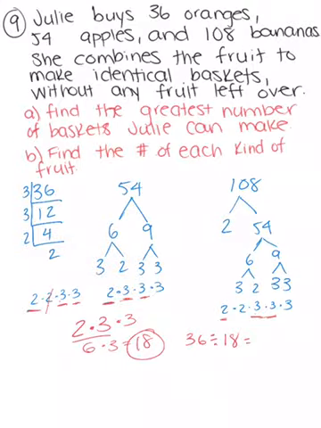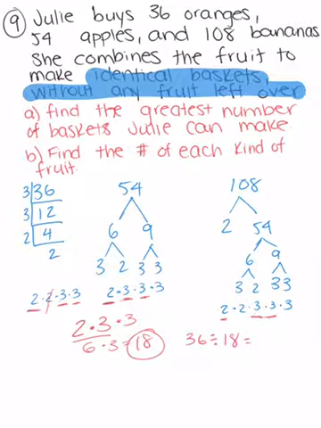Because each basket is identical, as we learned up here, and there's no fruit left over, I have to use all of these numbers. So 36 oranges divided by 18 baskets gives me 2 oranges. I spelled oranges wrong. Oops.